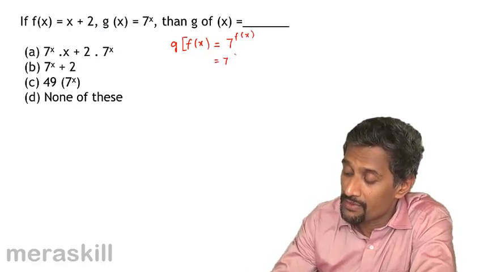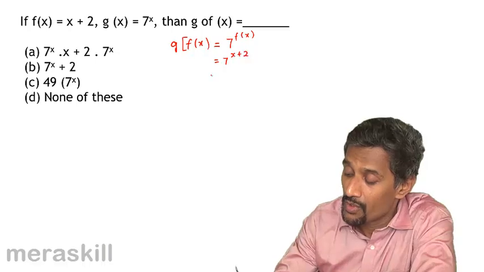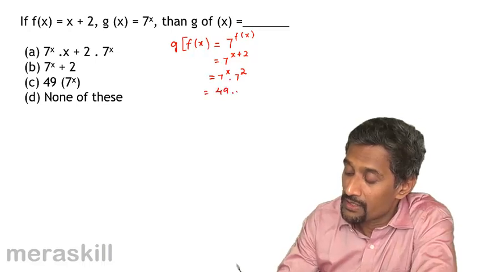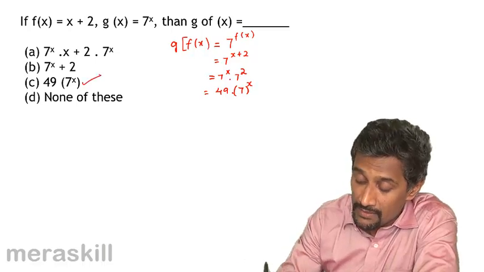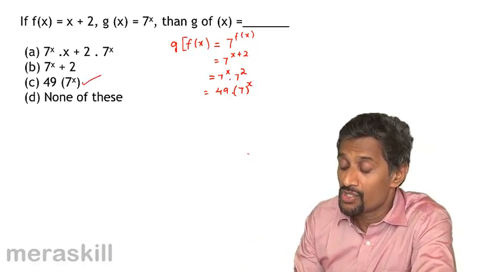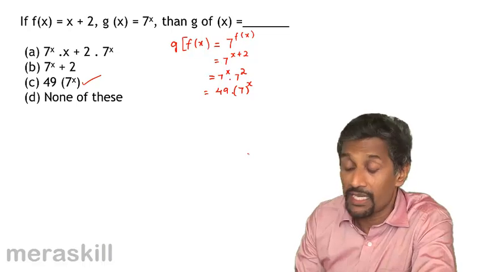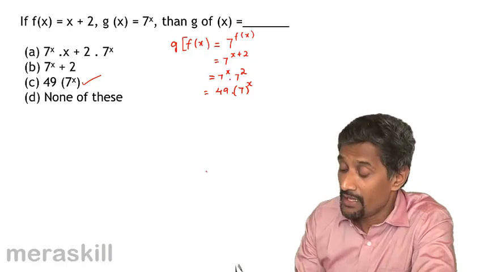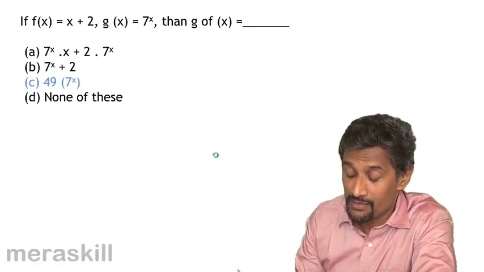That means 7 raised to x plus 2, which would be 7 raised to x into 7 square, which would be 49 into 7 raised to x. So among these, this is the answer. So g of f of x is 49 into 7 raised to x. Yes, we do have that.